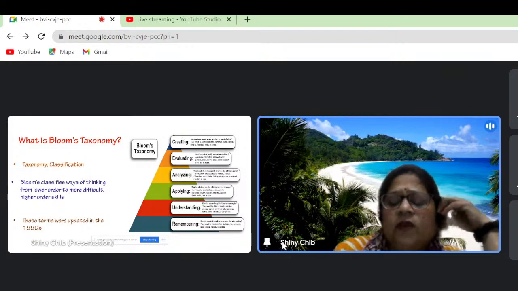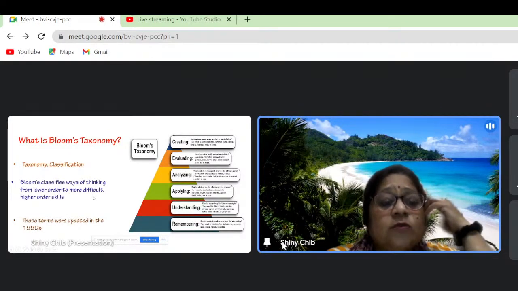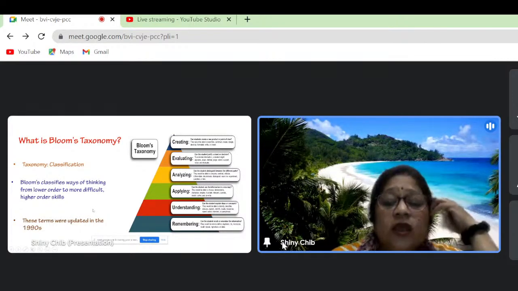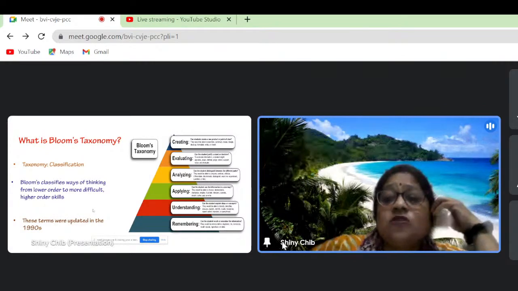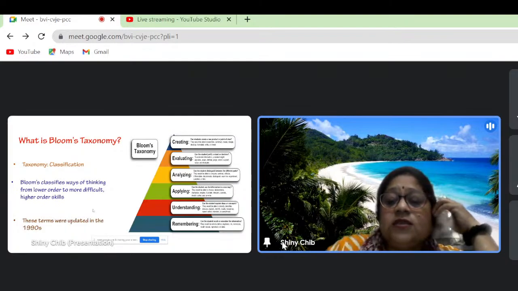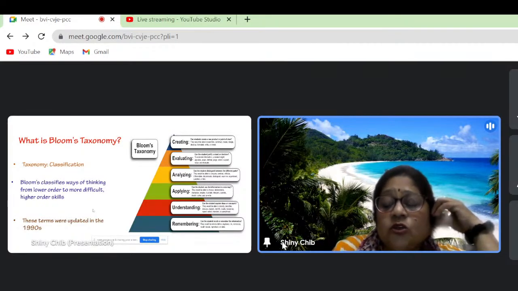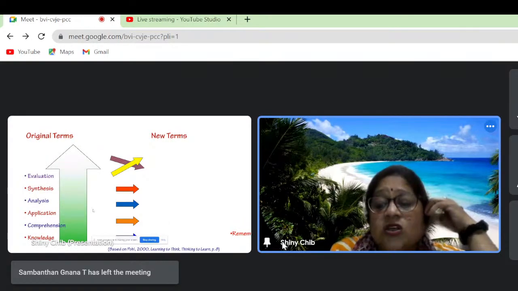Now we will be having an activity over here. The same taxonomy was updated. He changed a few words and made it more effective, and it was updated in the 1990s. I'll come to each point in detail, but before that I'll give you some exercise.